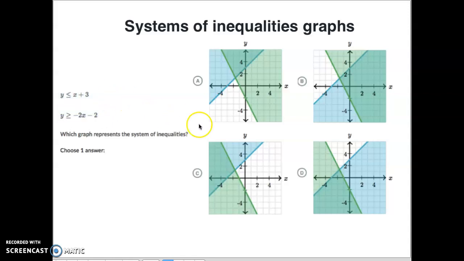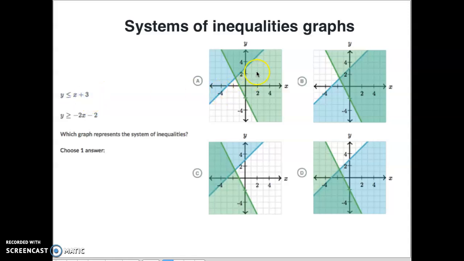So you're going to notice on this one, notice how all the lines are solid for all four of them, but the shading is different for all four of them. So the deal on this one is the shading, not the lines themselves. So let's look at the shading. The first one says it needs to be y is less than or equal to, and notice that the y-intercept is at 3.